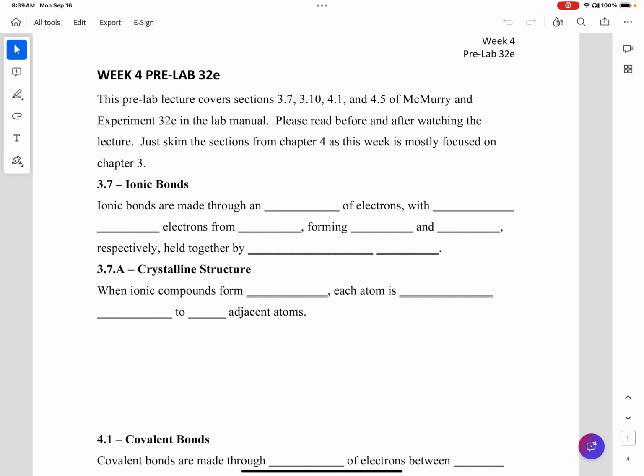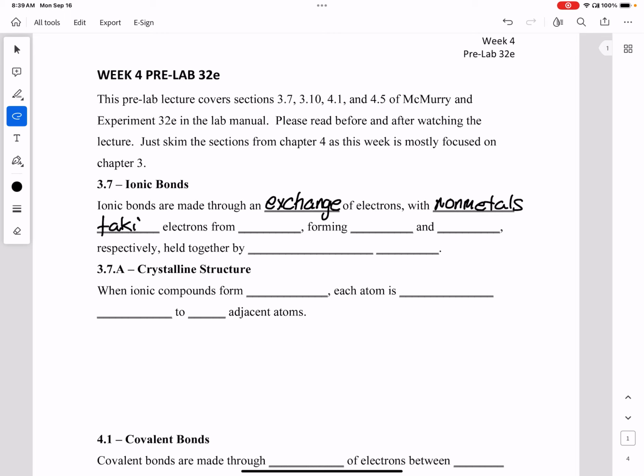So, for review, an ionic bond is made through an exchange of electrons, with nonmetals taking electrons, and they're taking them from metals, forming anions and cations, respectively, and those are held together by electrostatic forces.